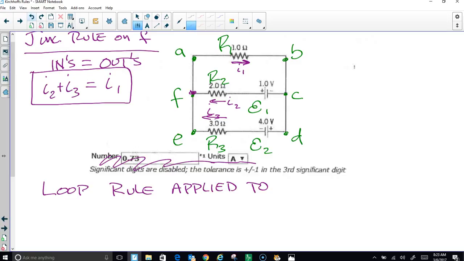Let's do A, B, C, F, shall we? Just the top loop. Doesn't really matter. I like to go A, B, C, F, back to A. I kind of like to describe the loop, particularly if you're doing this for somebody who's grading something.